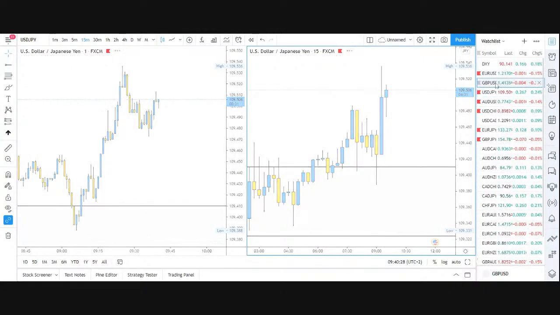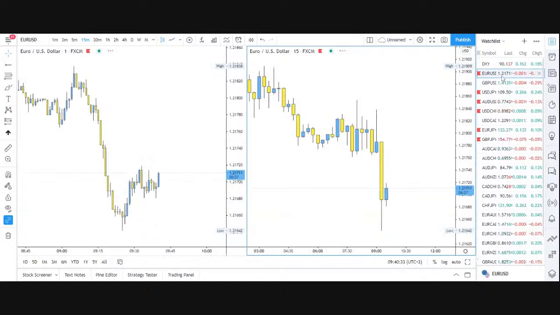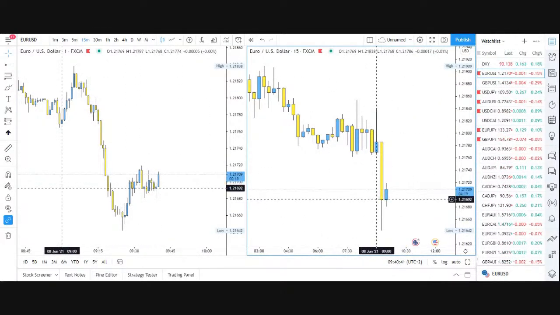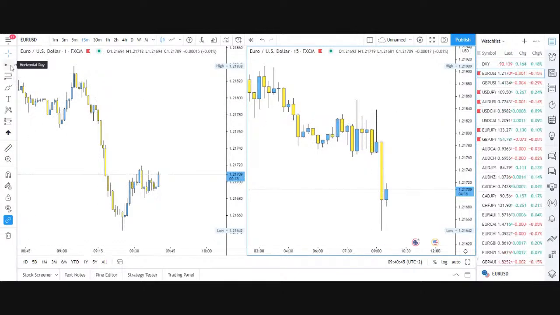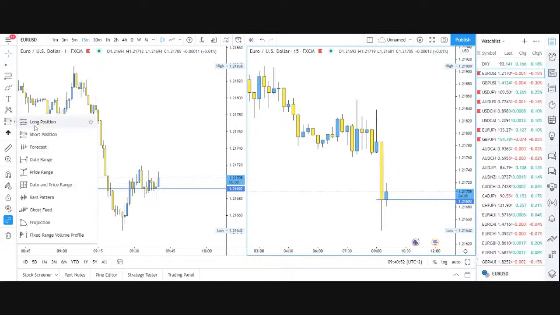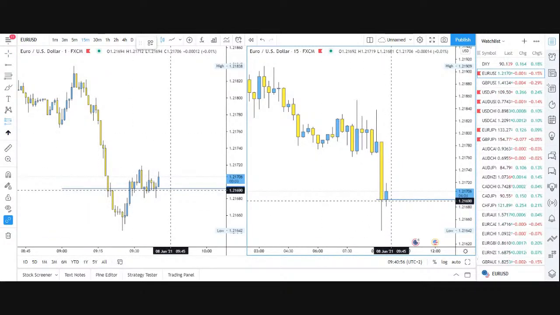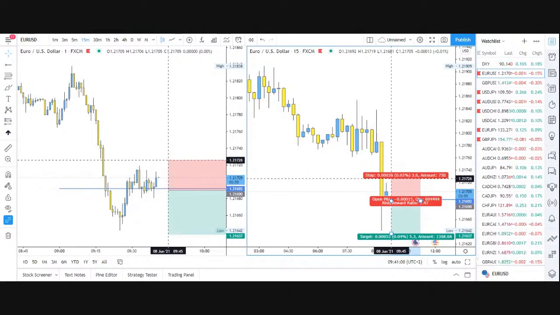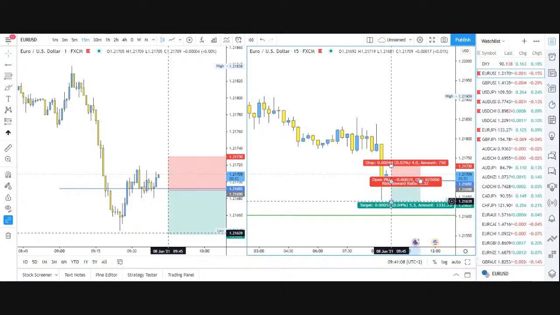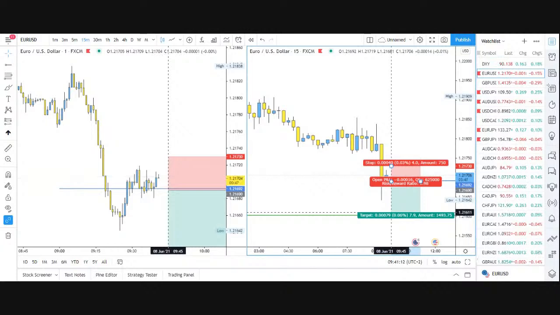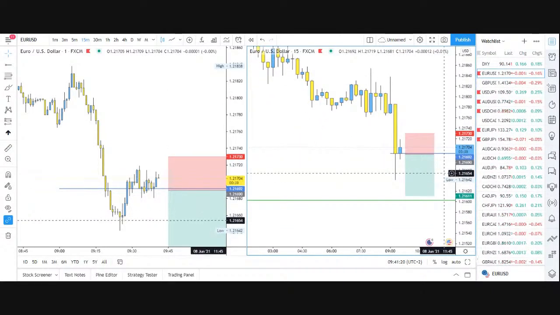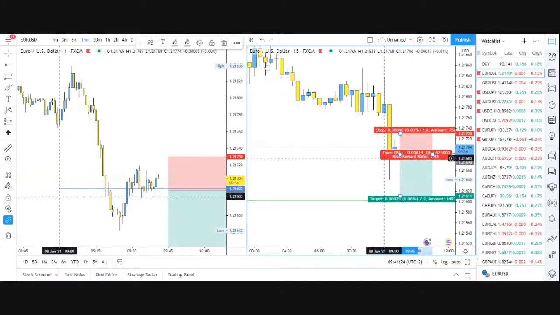Well, GBP JPY is moving up. Oh shit. Anything like that. 3 minutes left to turn bearish.